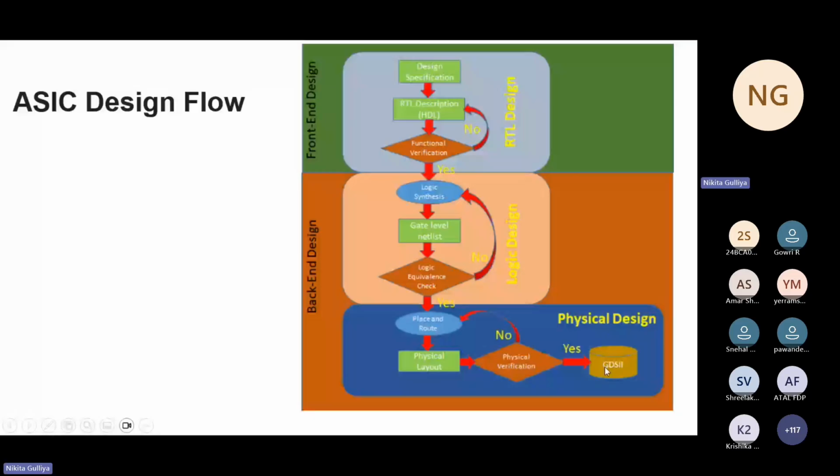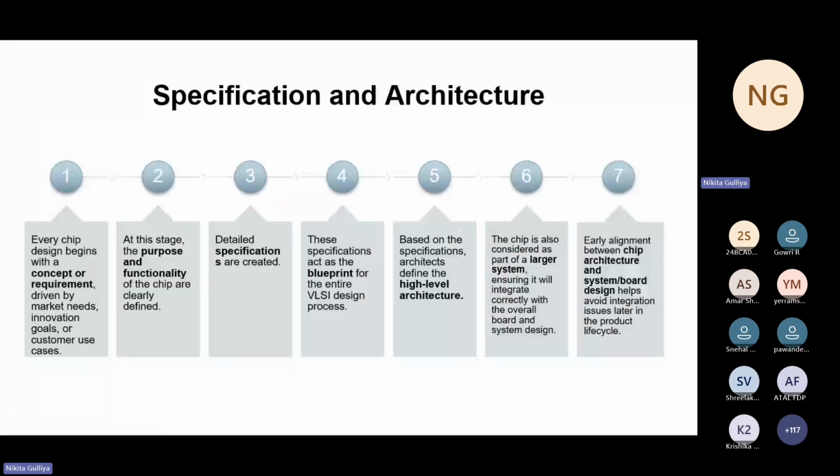The specification and architecture. Every chip design begins with the concept or requirement driven by market needs, innovation goals, or customer use cases. At this stage, the purpose and functionality of the chip are clearly defined. Detailed specifications are created. These specifications act as a blueprint for the entire VLSI design process.